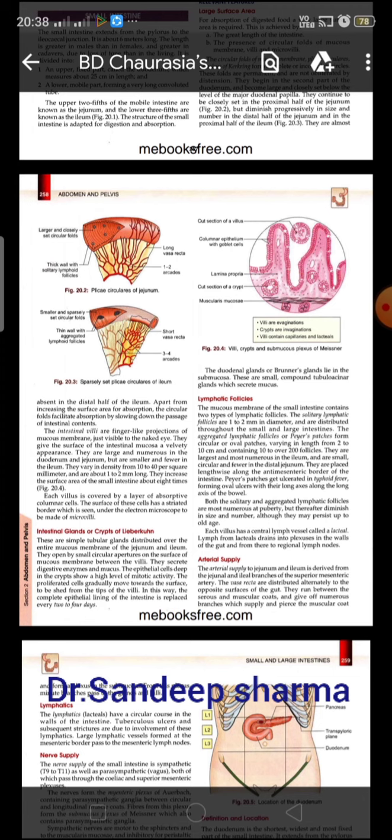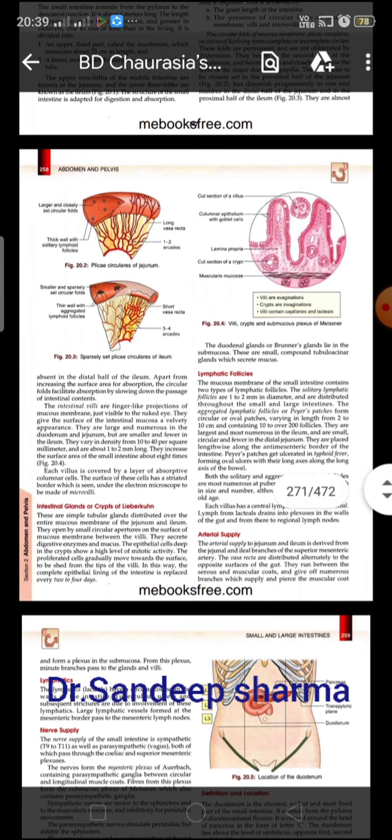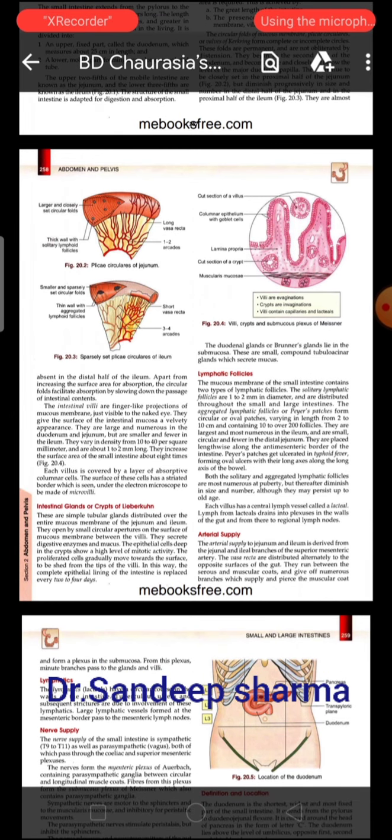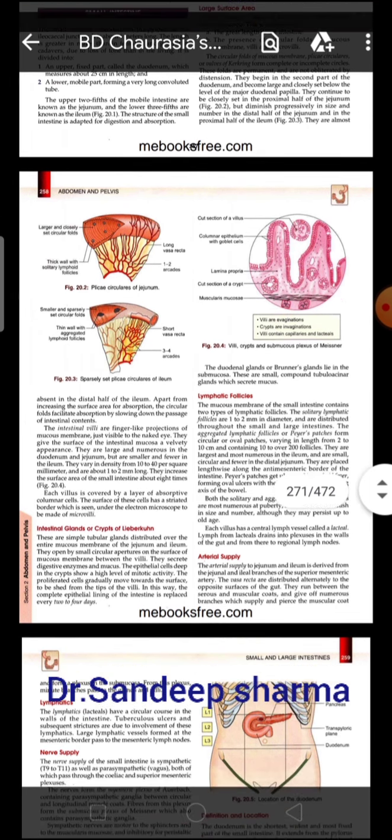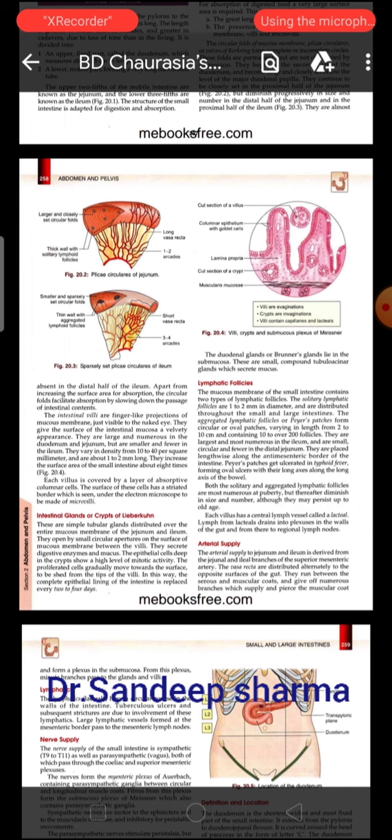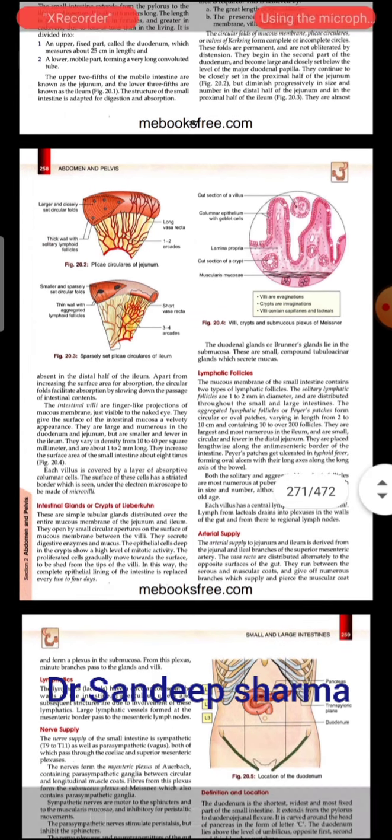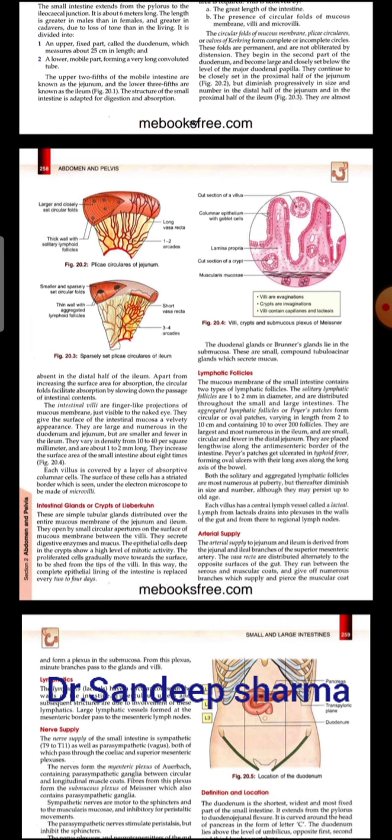The aggregated lymphatic follicles, or Peyer's patches, form circular or oval patches varying in length from 2 to 10 centimeters and containing 10 to 200 follicles. So it should be clear that there are two types: solitary lymphatic follicles and aggregated lymphatic follicles, also known as Peyer's patches.